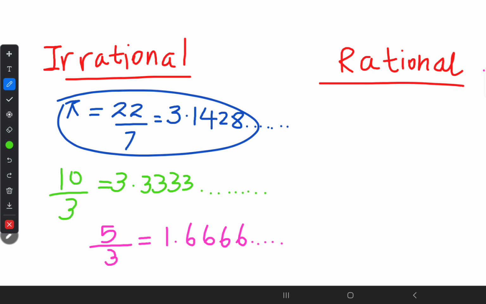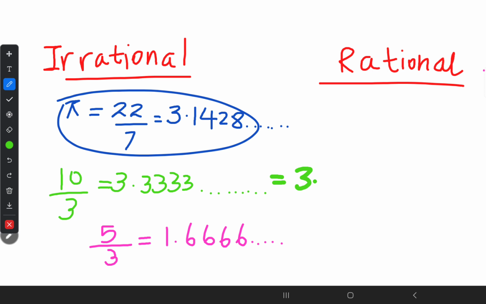In some calculations we need to write that, but we don't have enough space to put these dots. We can easily denote the same thing using a notation: 3.3 where the 3 is the repeating one. The 3 is the recurring decimal.